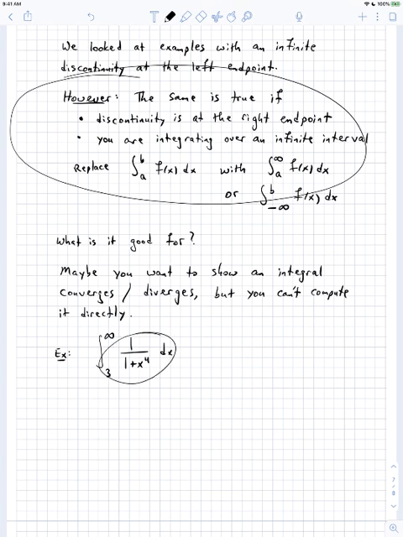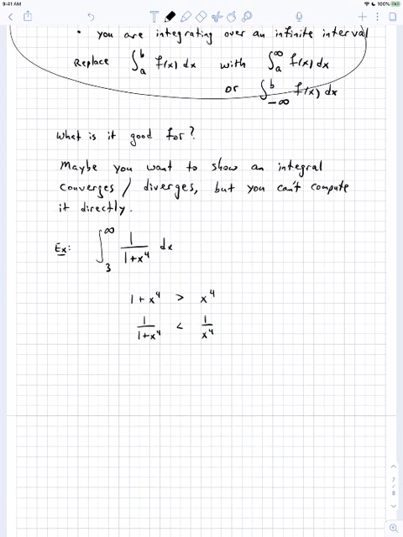Now, we might have some difficulty computing this one directly. So instead what we do is we compare it. Well, what do we compare it to? We can compare it to something that it looks like. So for example, 1 plus x to the fourth is bigger than x to the fourth. That's certainly true. So 1 over 1 plus x to the fourth is less than 1 over x to the fourth.